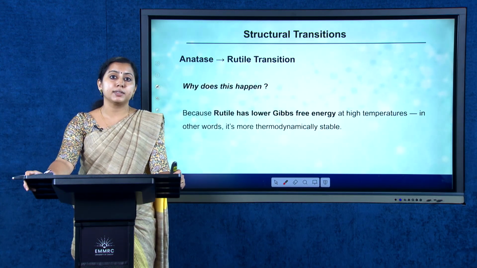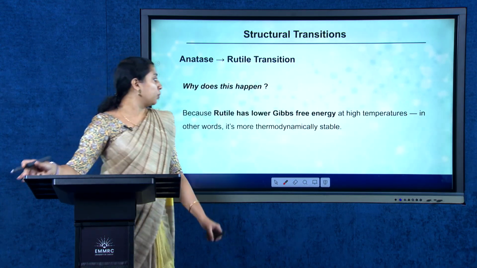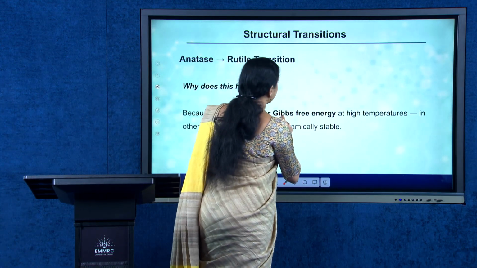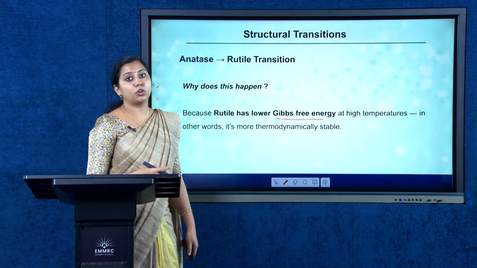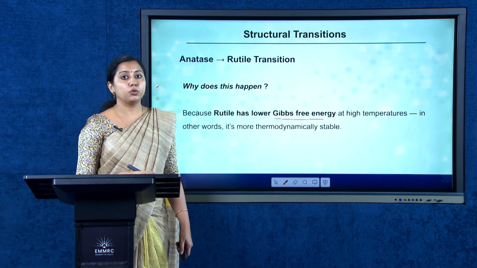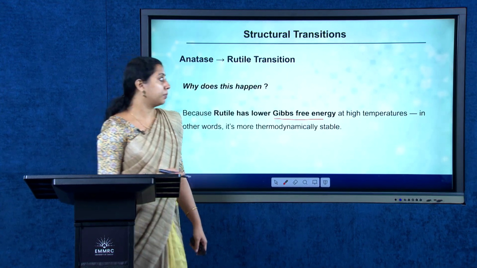Now, why does such a transition occur? It is because rutile has lower Gibbs free energy. So, when we speak in terms of thermodynamics, we know that the lower the energy, the greater the stability.